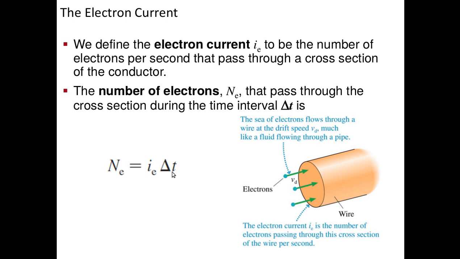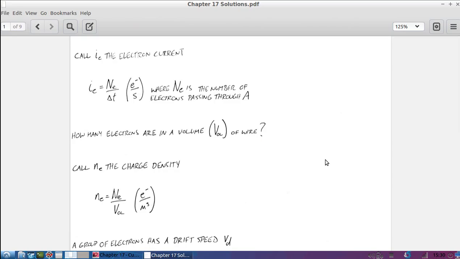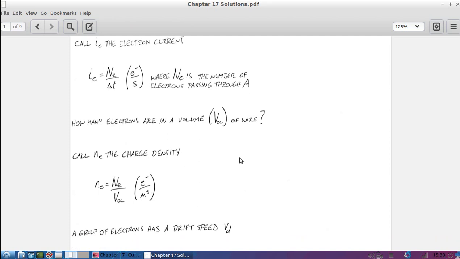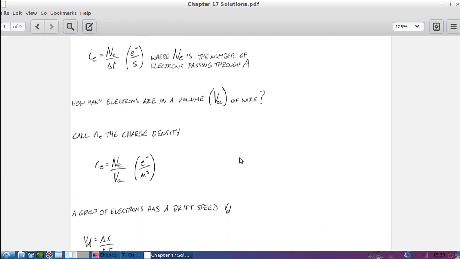A useful thing to know is how many electrons are inside a certain volume of wire. I use lowercase v-o-l in my subscript to denote volume, because we've got capital V's all over the place for voltage and potential difference.